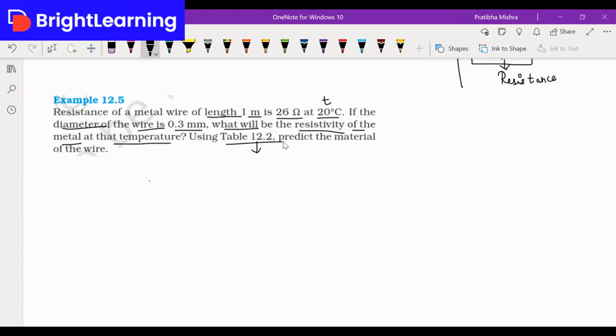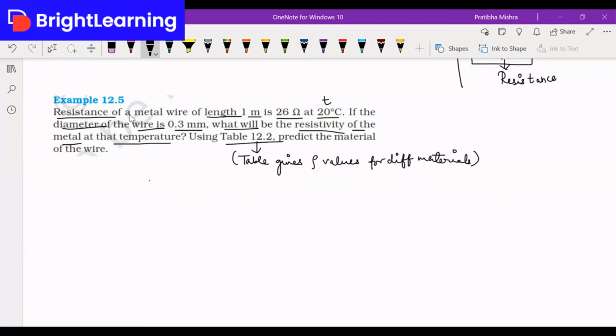They are telling us to use table 12.2. Now, table 12.2 in your textbook gives resistivity values, or the values of rho, for different materials like alloys, etc. So how can you take it up?